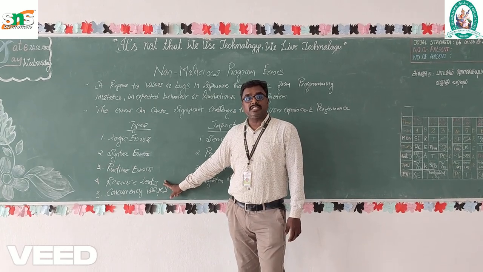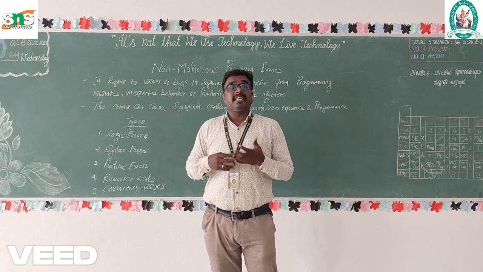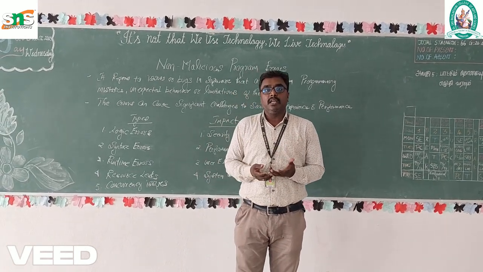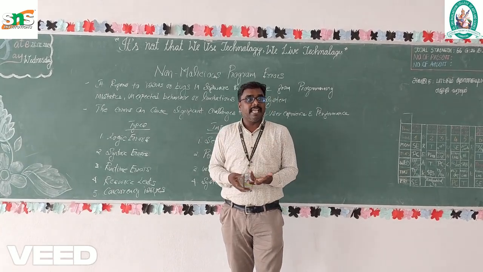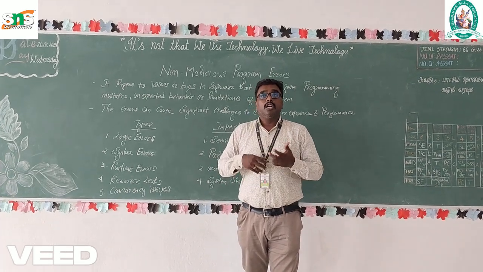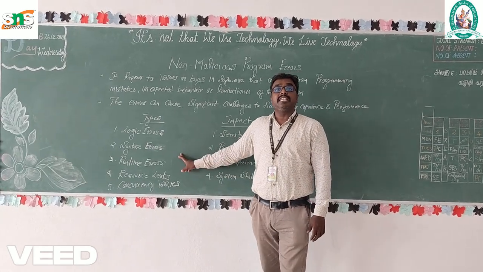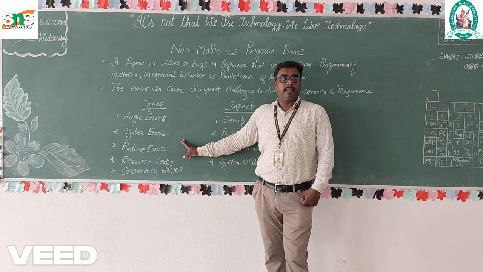The fourth one is the resource leak. A resource leak is a scenario where the program occupies a resource. The resource may be a printer, some space, or some other entity. Once the program finishes its execution, it has to release the resource used by that program.